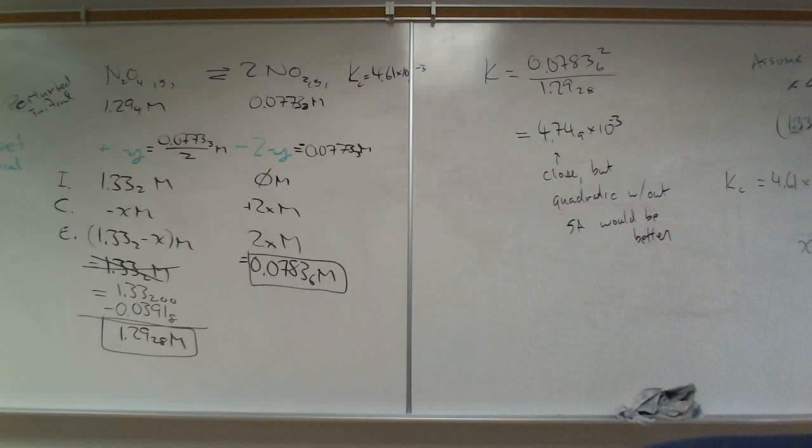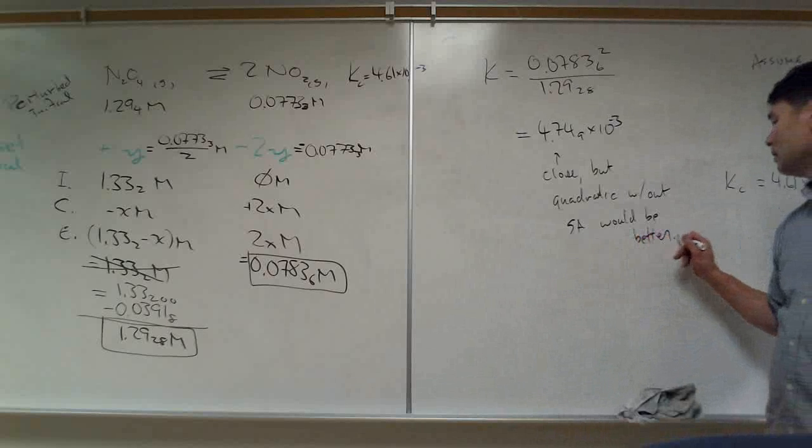We always try the simplifying assumption if it looks like it might work. The reason we always try it is because it's so quick. It doesn't take very long to use the square root key versus going through the whole quadratic. And when you do the justification and it comes out to a very small percentage, then it wouldn't have mattered whether you did the quadratic or the simplifying assumption; you would have come up with the same answer.